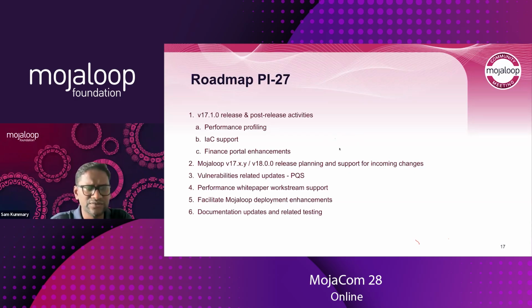Want to continue tightening up and mitigating Mojaloop vulnerabilities. There are several tasks that we have in the pipeline with input from our community members regarding how to mitigate and minimize the vulnerabilities, and also how to react quickly. So we've taken a lot of measures.